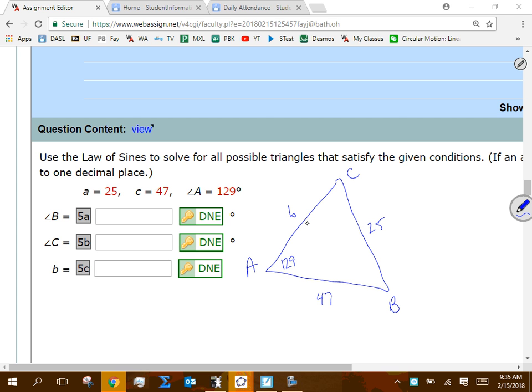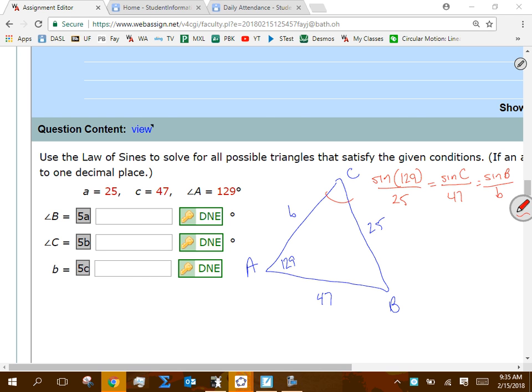Going through my work, the first thing I have to do is try to find angle C. So I got sine of 129 over 25. That should equal the sine of C over 47, which should equal the sine of B over b.